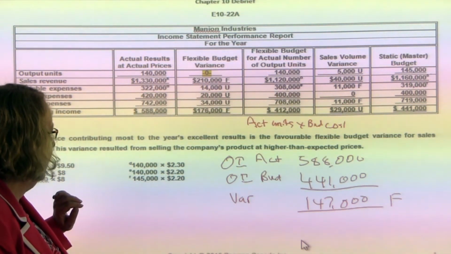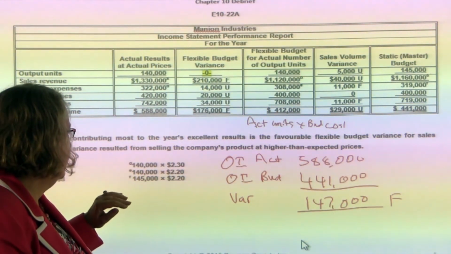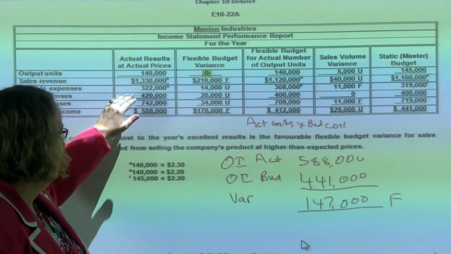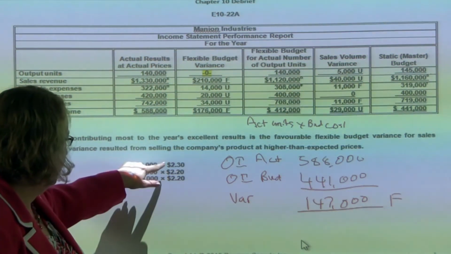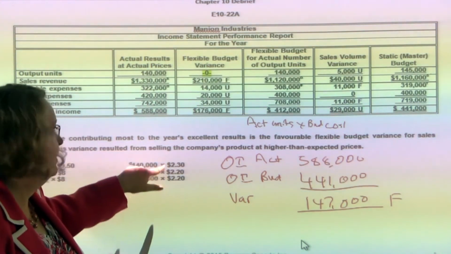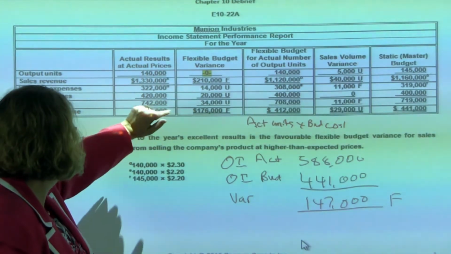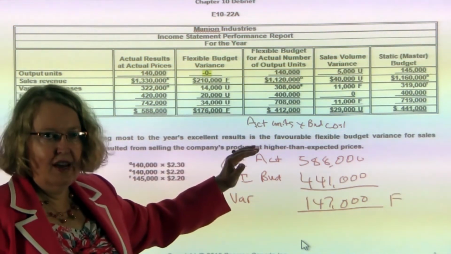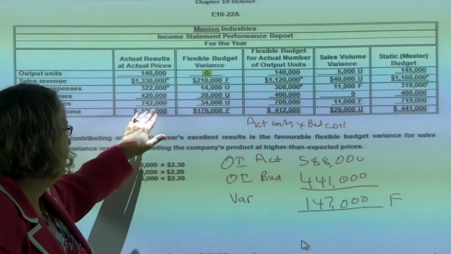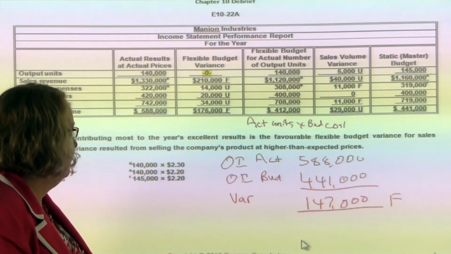For the other accounts, you ended up with an unfavorable variance because your cost per unit for your variable expenses was higher. It was $2.30 instead of $2.20 per unit, so you ended up with an unfavorable variance of $14,000. Your fixed expenses should have been $400,000, but they ended up at $420,000, so that's an unfavorable variance of $20,000.